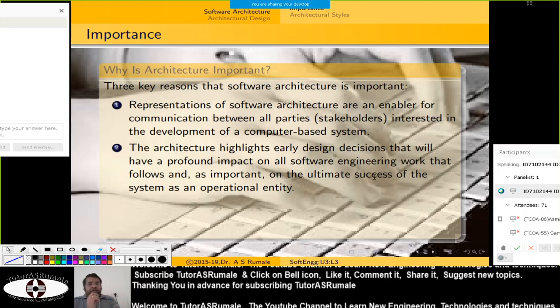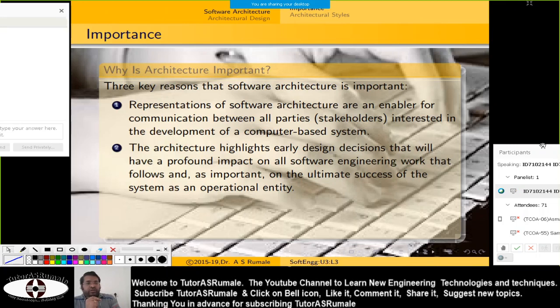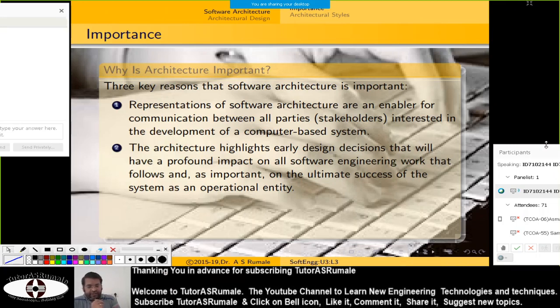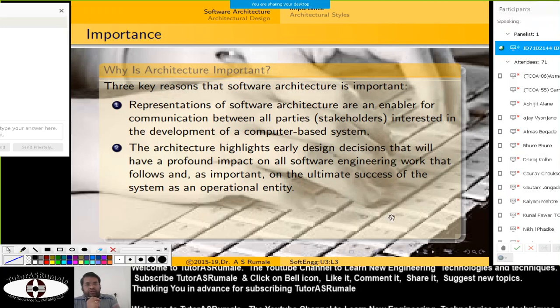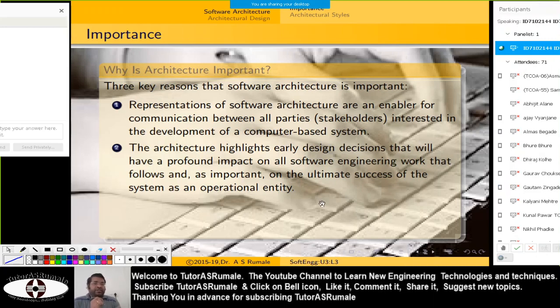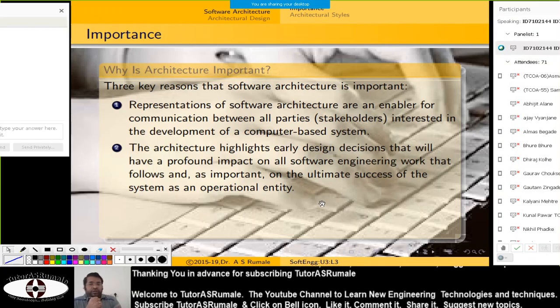Architecture highlights all the features of your software, and that's why it is important.